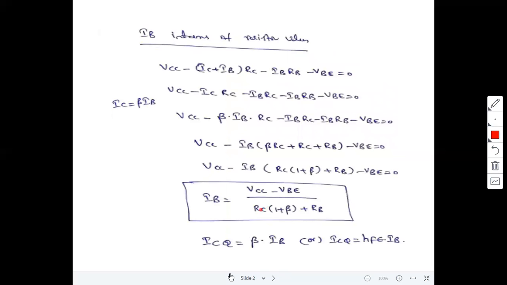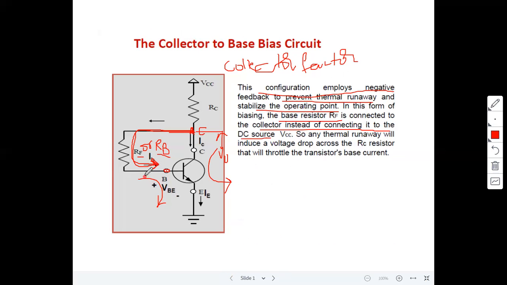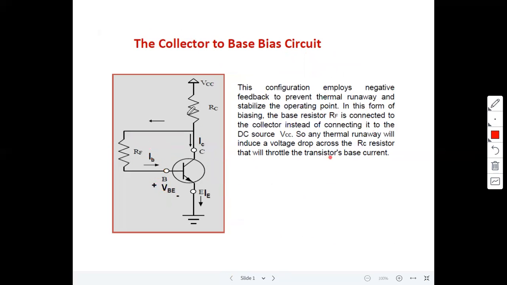For any bias circuit, the analysis has an input section. This is the input portion. We have to apply KVL to this input loop, and by using the input loop, derive the expression for the base current IB.